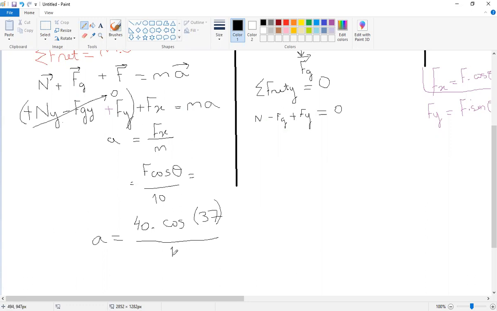Over 10, it's 4 times cosine 37. 0.79 times 4 is equal to 3.19. So the acceleration is equal to 3.19 meters per second squared. So we got now the acceleration. Okay, hope this video was helpful. Thank you for watching.